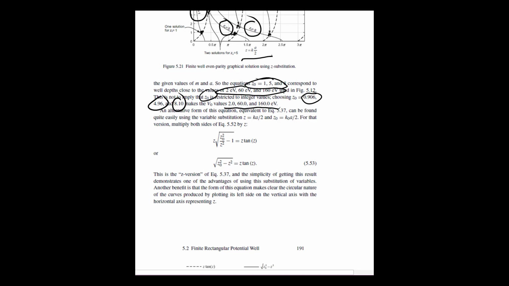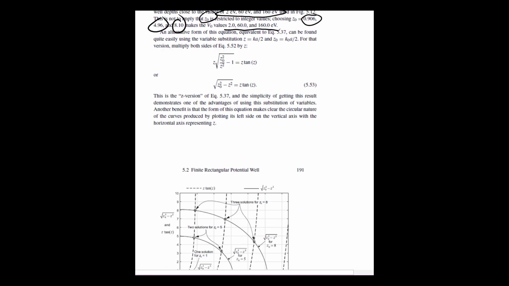So plotting in z gives you the same answers as plotting in kappa over k. And just as in the previous case, you can get an alternative version here too by multiplying both sides by z. There's a z, there's a z, and when you incorporate this z inside, you get this expression. I call this the z version of the expression we had previously when we multiplied both sides by ka over 2. And you know what the z version of this looks like?